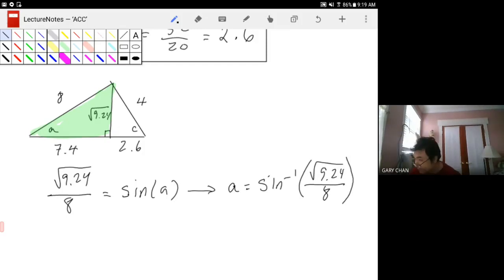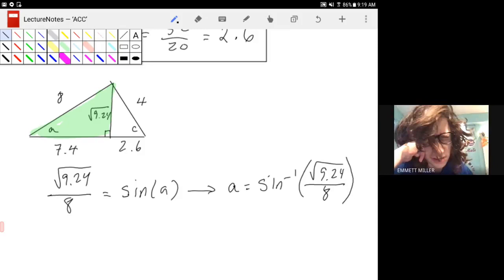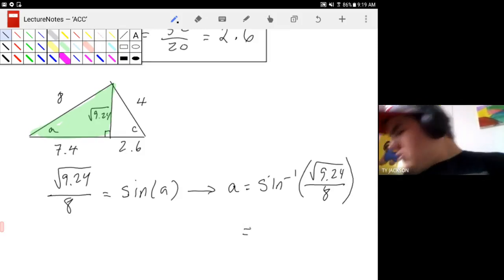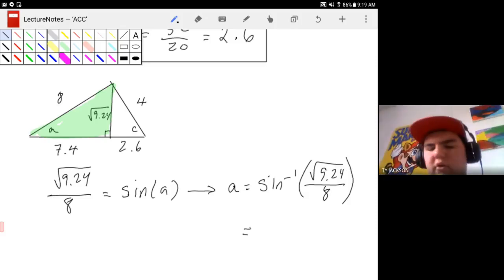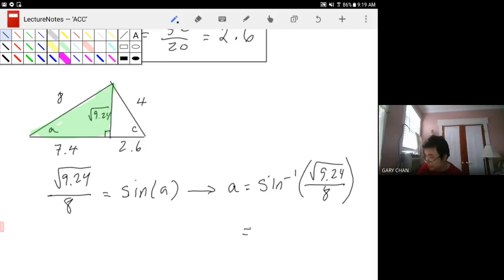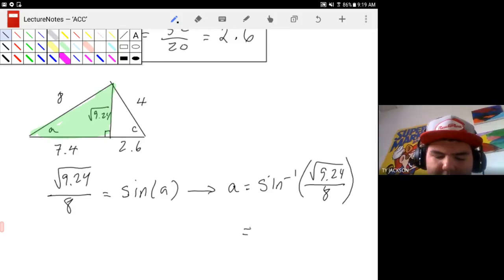Ty, can you do us a favor and figure out what that is? Sure, just give me a sec. All right, here's my calculator. I got 22.3. Okay, Ty, can you confirm that? Yes, hang on. I did cosine, whoops. Sine. 9.24 divided by 8.